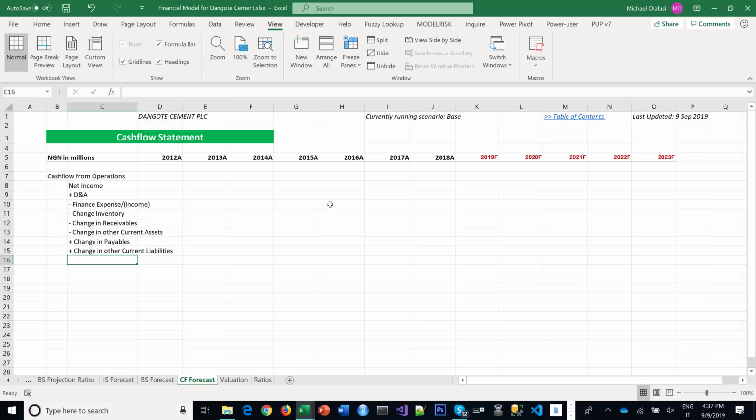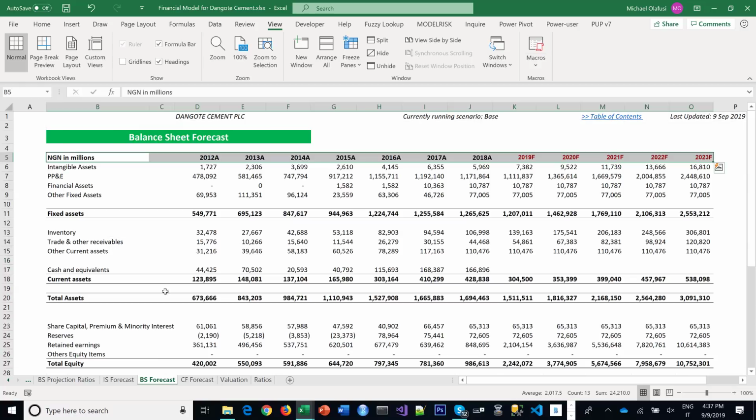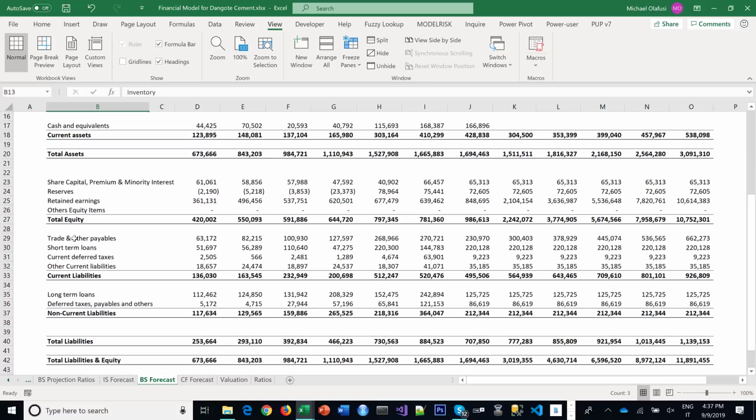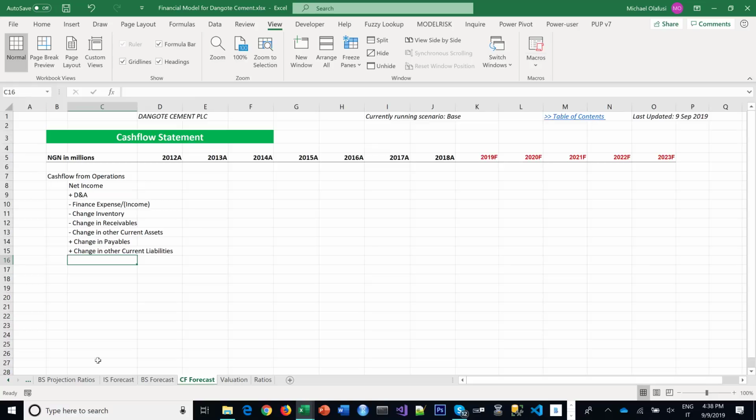And is there any other thing I've omitted? Let me just take a look at my balance sheet. I think this is captured, this is captured, and this is captured, and these are what I will just put together as change in other current liabilities. So I'll take these two together. Or maybe should I do them separately? We'll do them together.